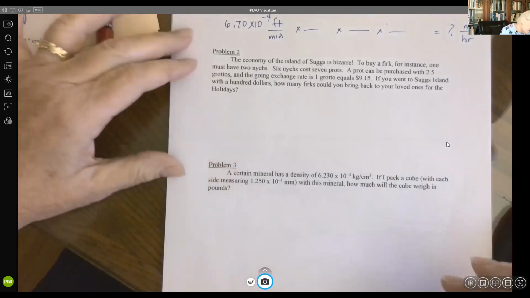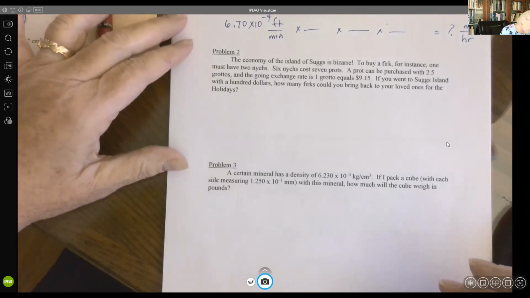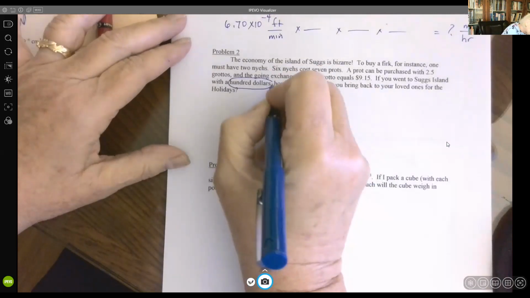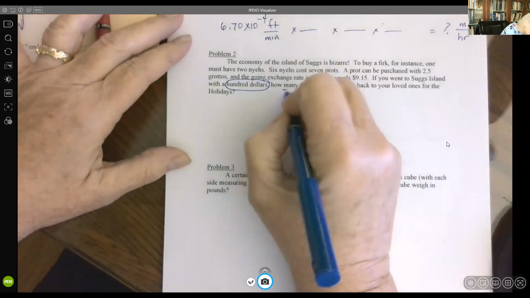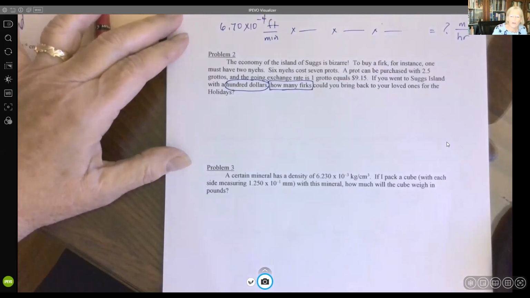This problem says, if you went to Suggs Island with $100, it's hard to know where to start. How many Ferks would you be able to bring back to your loved ones for the holidays?